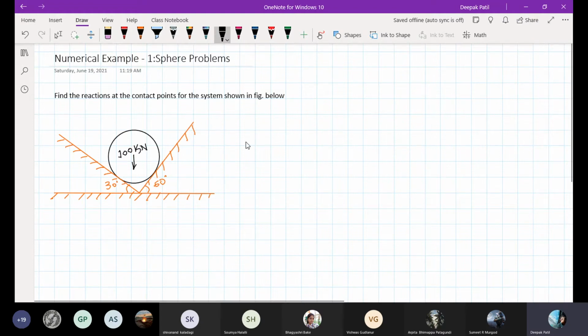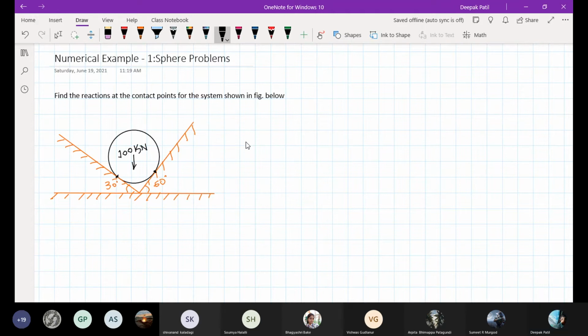Now there are a few contact points. The sphere is touching here, and this same sphere is touching this contact surface at this point. It is not touching here because you can see there is a gap. So two contact surfaces means obviously there should be two reactions. Agree or not?